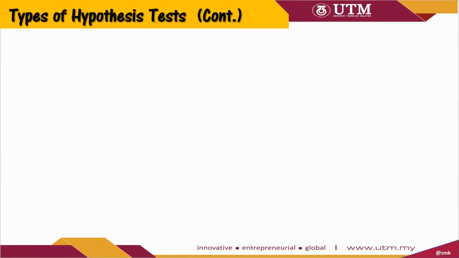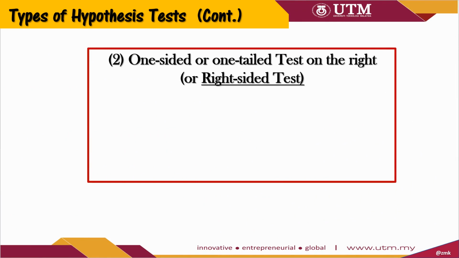In this slide, we look at a one-sided or one-tail alternative hypothesis test on the right, or simply right-tail or right-sided test closely. We use the same generic parameter denoted by theta, which is claimed to have a value theta naught under H0. Again, theta naught can be any real value. Here we want to test if there is any increase in the theta value.